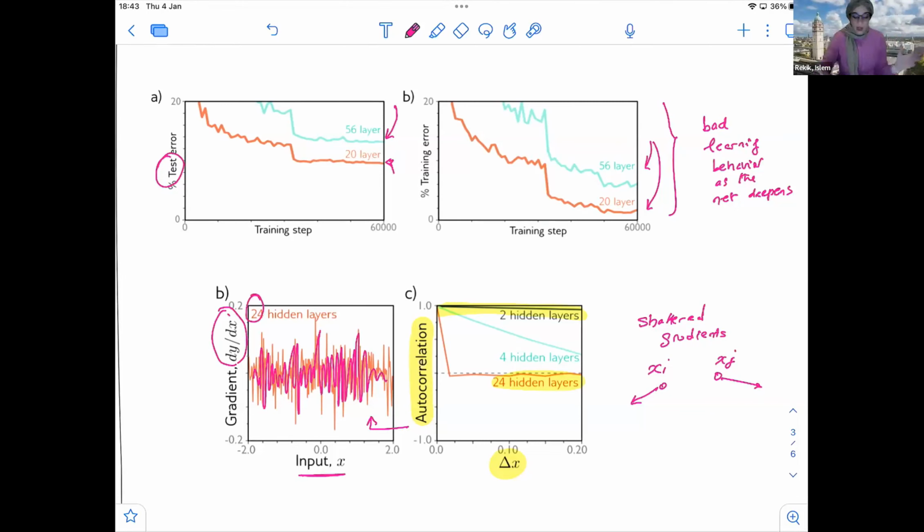So to solve these two problems that we have seen, which are bad behavior during the training stage as we add more layers, and the shattered gradients as we add more layers, how could we possibly solve that? We introduced the concept of a residual or skip connection.